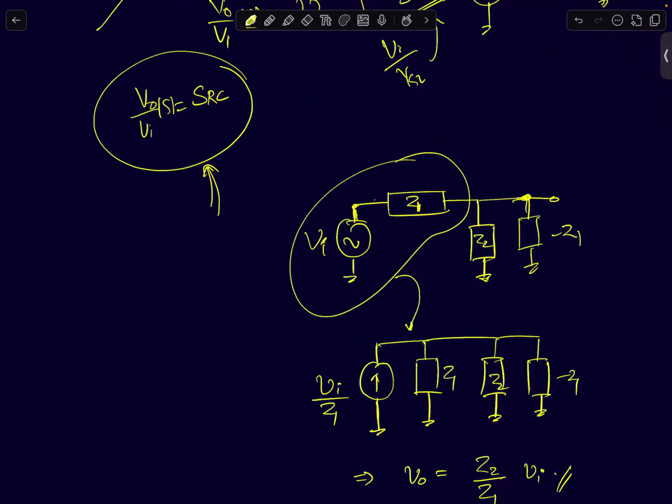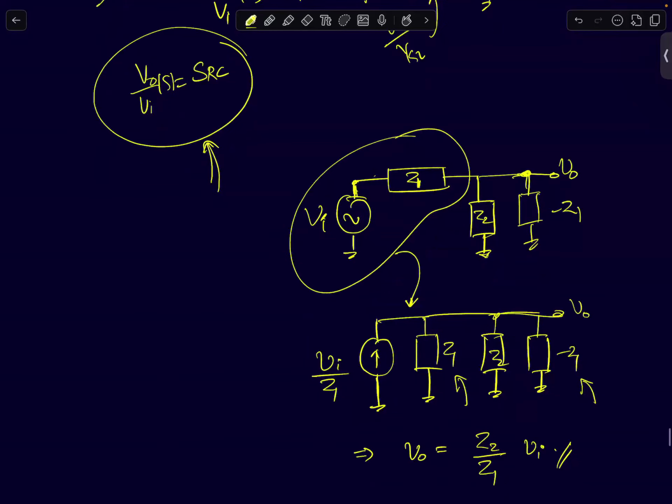Convert this voltage source to current. You will end up with an impedance Z1 in parallel with minus Z1 and Z2. So this here is your output node. So what will you get? The transfer function for this circuit is Z2 by Z1.